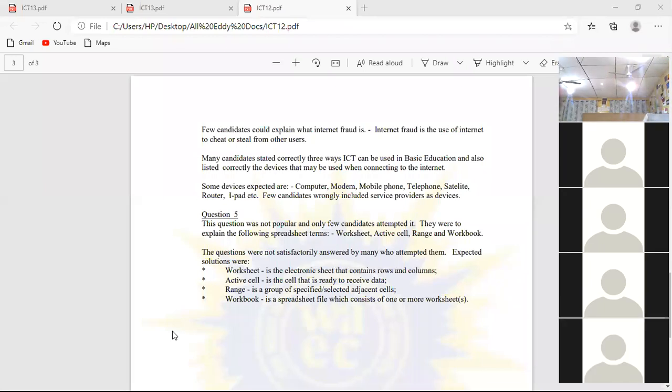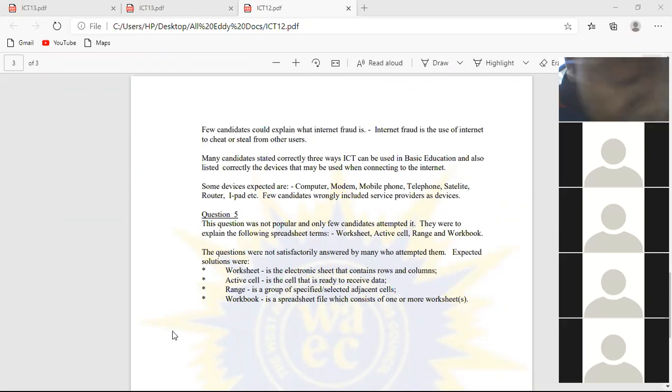Few candidates could explain what internet fraud is. Internet fraud is the use of the internet to cheat or steal from other users. Many candidates stated this correctly. Or internet fraud is any fraud that involves the use of what? The internet. Any fraud that involves the use of the internet can also be internet fraud.